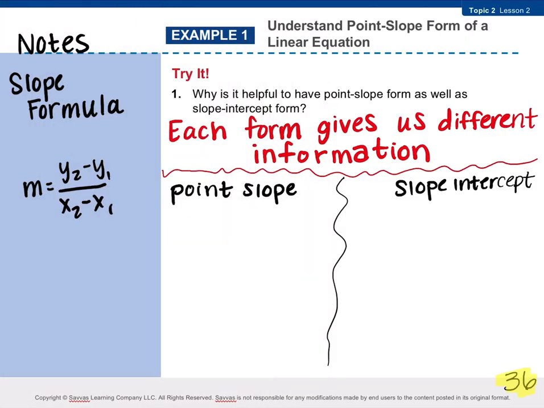Point-slope form gives us a point, which is x1, y1, and it gives us the slope, which is m. Slope-intercept form gives us m, and it gives us the y-intercept, which is b.